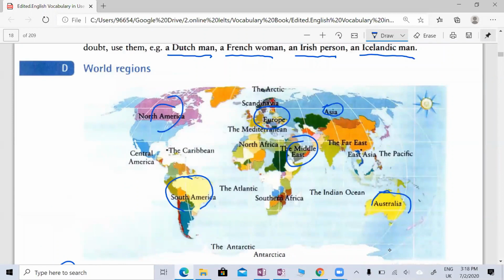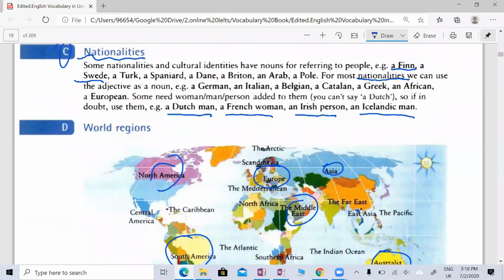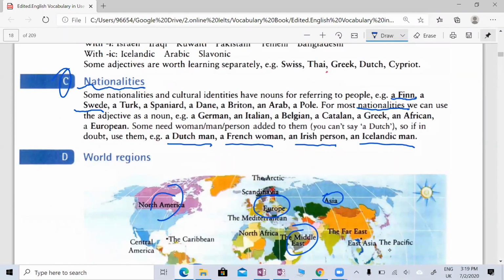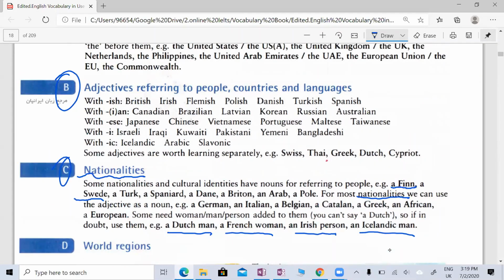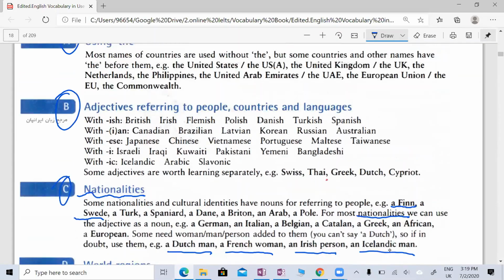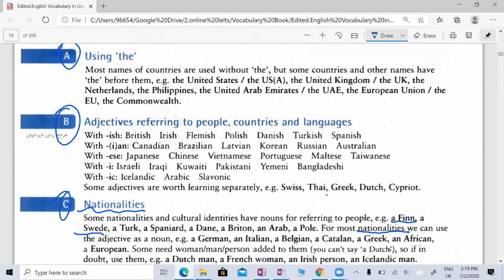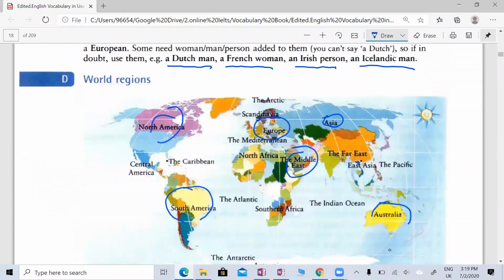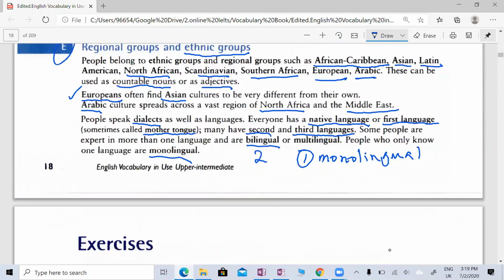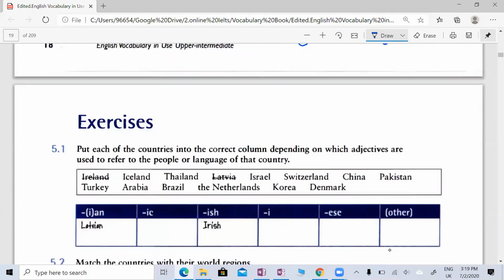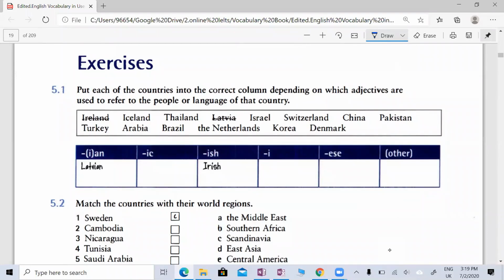Okay. And here are the world regions. Then we discussed different nationalities. We discussed adjectives referring to people, countries, and languages. And we also discussed when we use the United States, the United Kingdom, the Philippines, or the United Arab Emirates. Now we move on to exercises here.